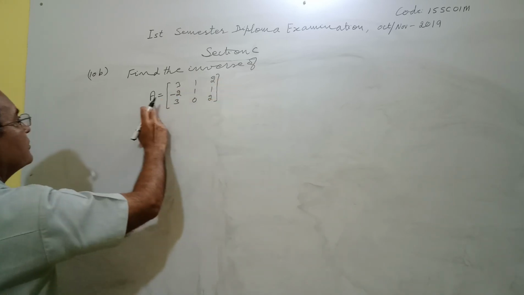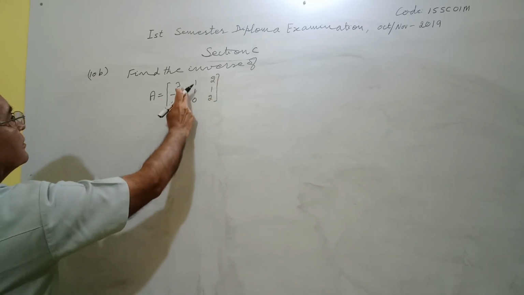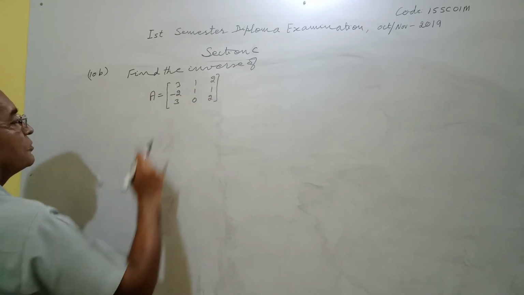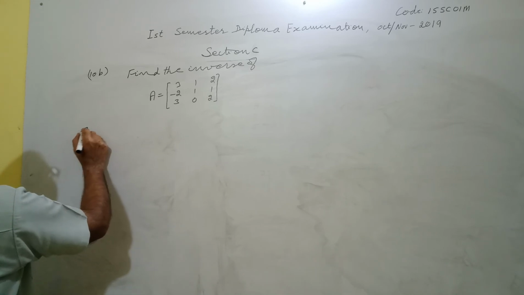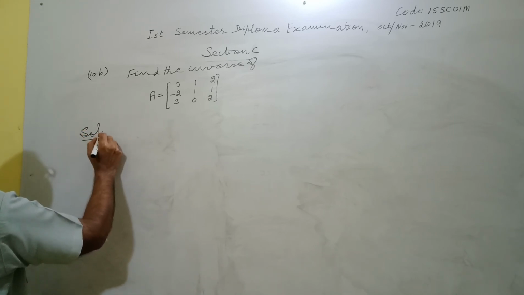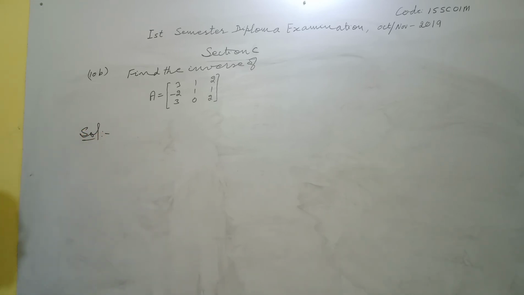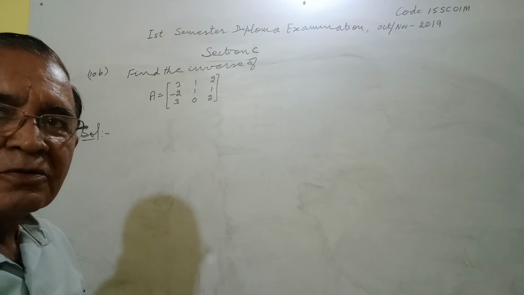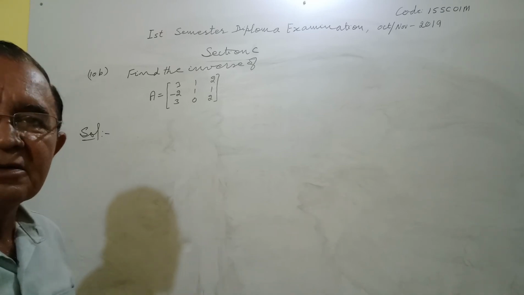Find the inverse of the matrix 3 minus 2 3, 1 1 0, 2 1 2. How to find the inverse? To find the inverse, first you are supposed to find the determinant. If it comes out to be 0, inverse is not possible.